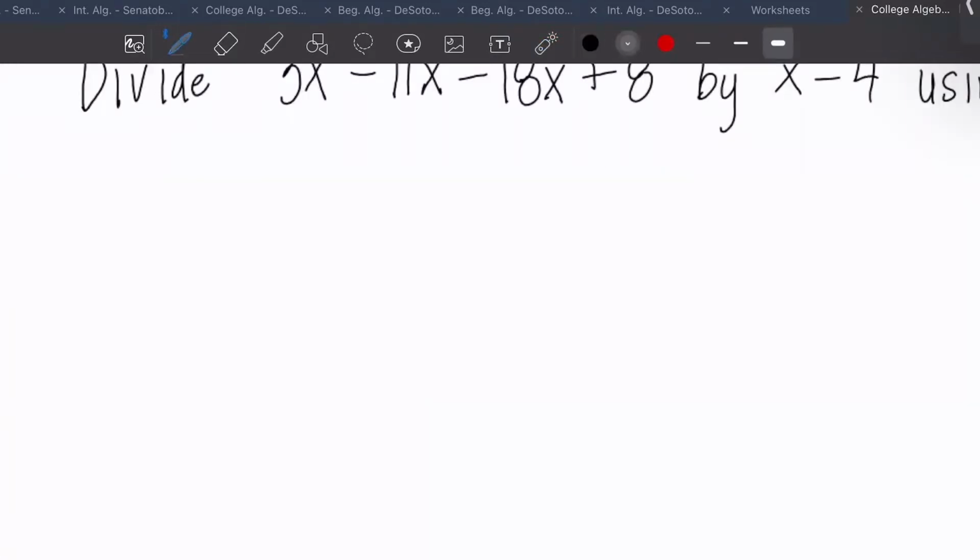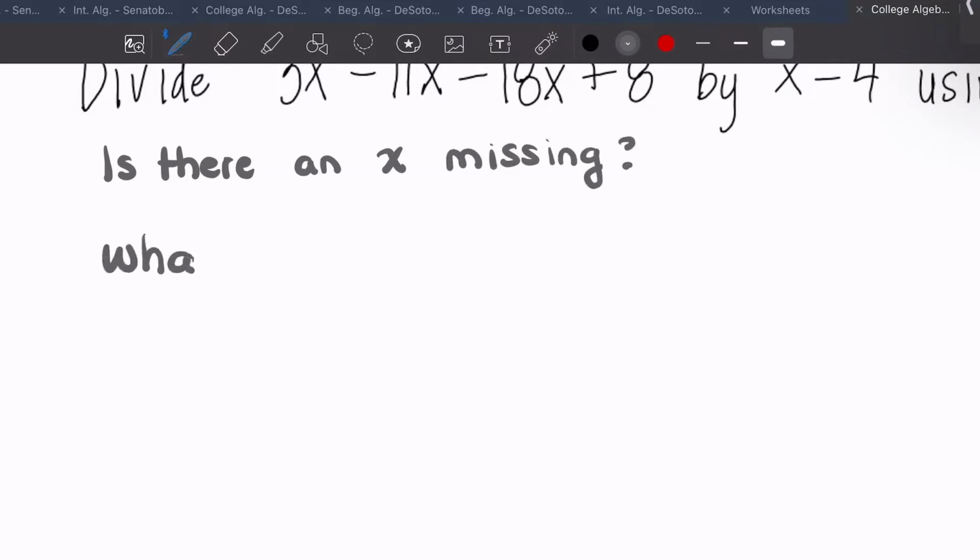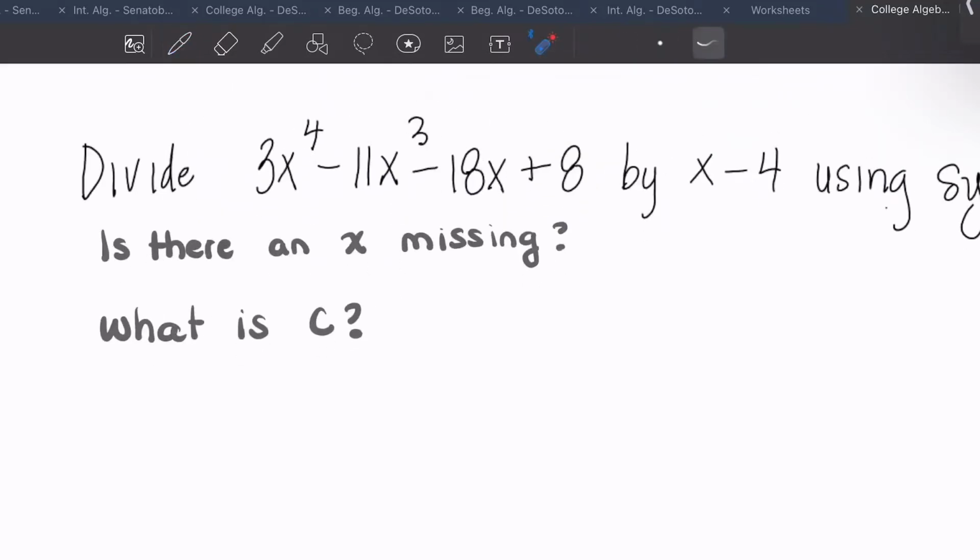So you need to ask, is there an x missing? And what is C? Is there an x missing? Okay, so it should go 4, 3, 2, 1, 0.